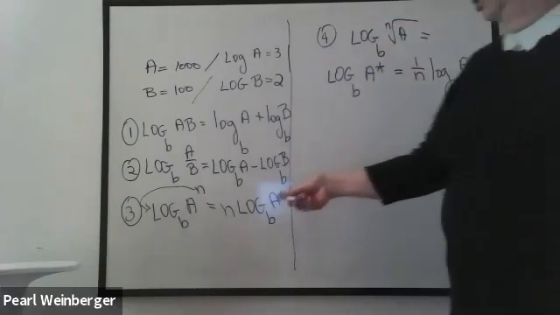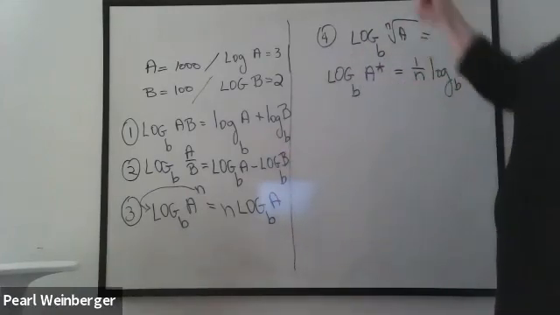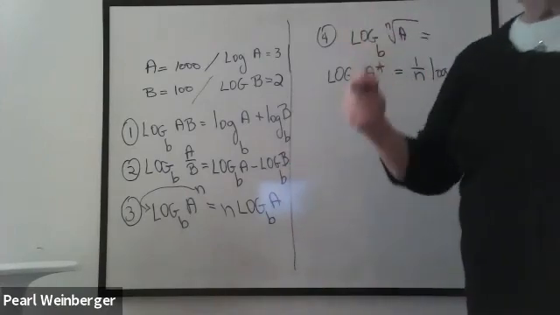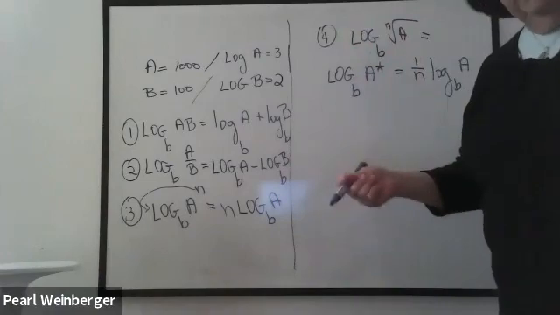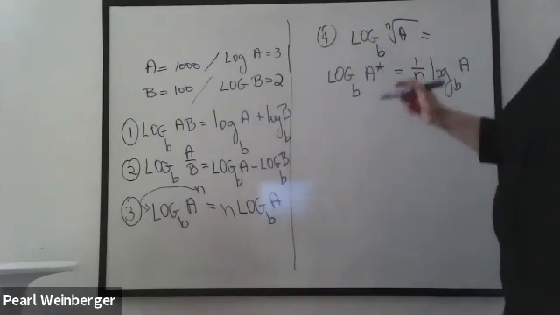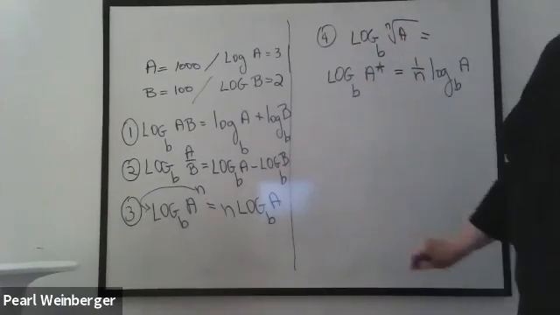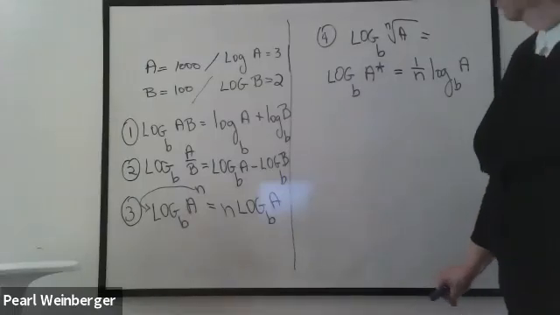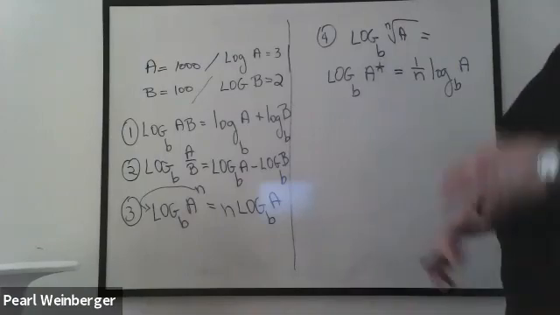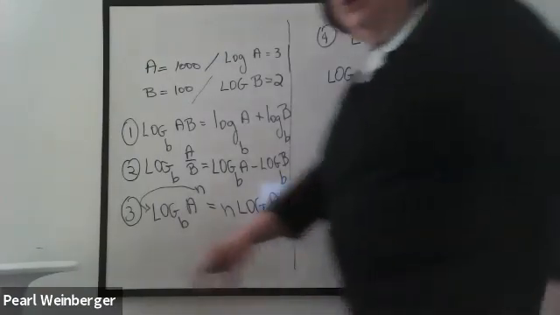In other words, when I'm doing the square root, I'm going to multiply the log by 1/2. If I'm doing the third root, I'll multiply the log by 1/3. And these are my 4 rules of, I'll call them logarithmetics. These are what we call the properties of the log.